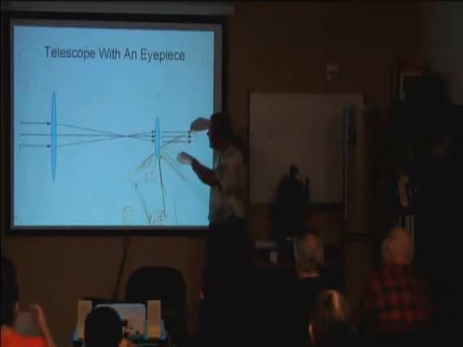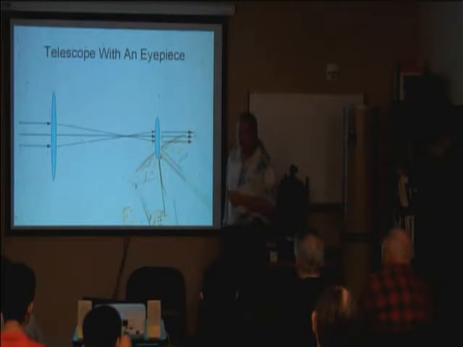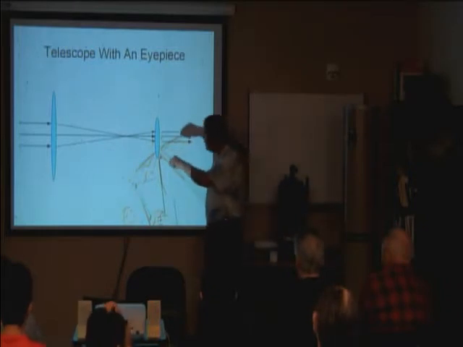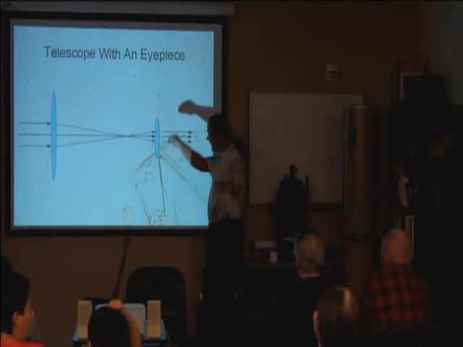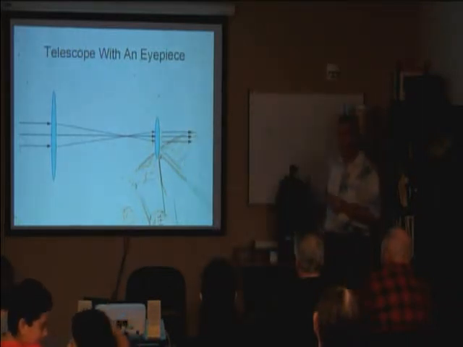They would come together right here. So what's this length here? That's the focal length of that lens. So here's the focal point, the focal plane for that lens, and it's the focal plane for that lens. How does the light go back?